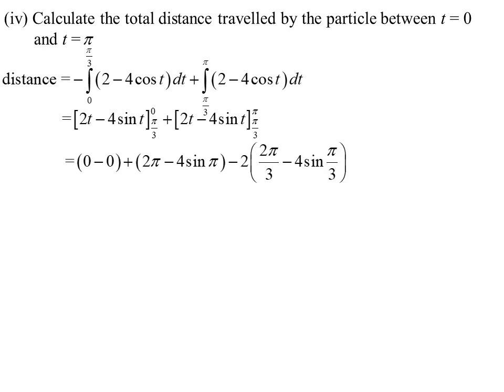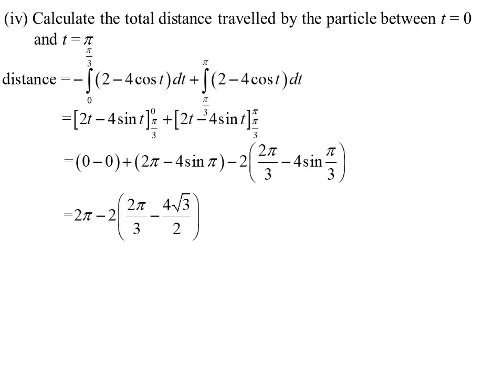So with the top ones, sub in 0, sub in pi, take away 2 of the bottom ones when I sub in pi on 3. And it's a weird answer. I've left it as an exact answer. A physics teacher would hate it because they can't handle things like this. They want a number. We're maths, I can handle that, that's a number. 4 root 3 plus 2 pi on 3 metres. Don't ask me how big that is, that I couldn't work out. I would have to go to a calculator.